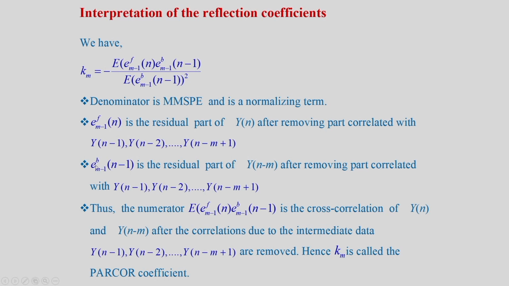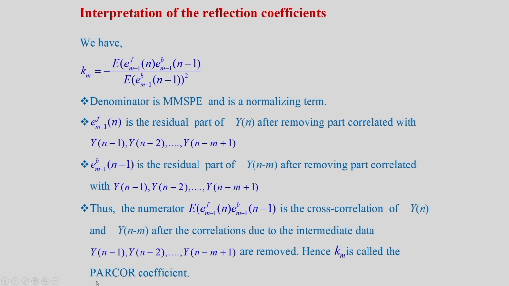Similarly, Em-1 Bn-1 is the residual part of Yn-m after removing the part correlated with Yn-1, Yn-2 up to Yn-m+1, the same set of data. Thus, the numerator, E of Em-1 Fn into Em-1 Bn-1, is the cross correlation of Yn and Yn-m after the correlation due to the intermediate data is removed.